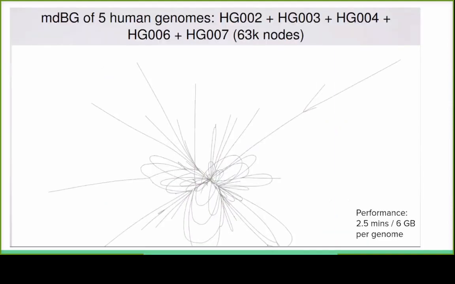And this is a genome graph of 5 human haplotypes. It was quite efficient to construct, so a few minutes per haplotype and 6 GB per haplotype, just because the software now is limited by file parsing. So the method is efficient.